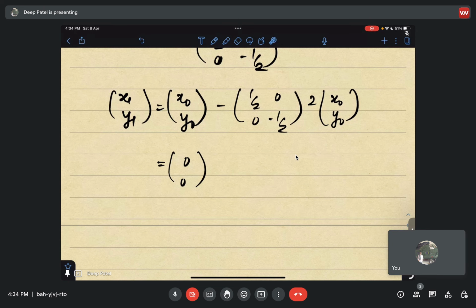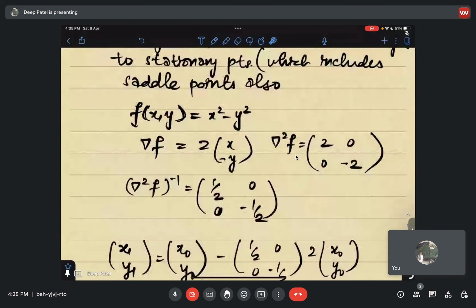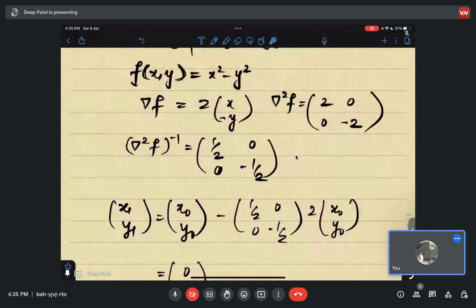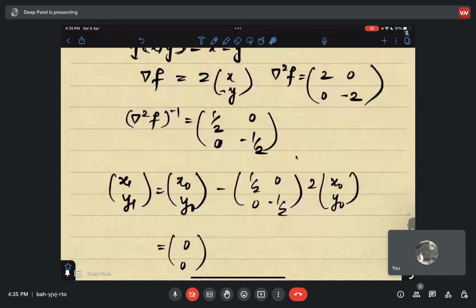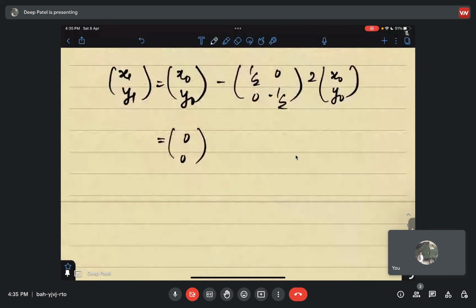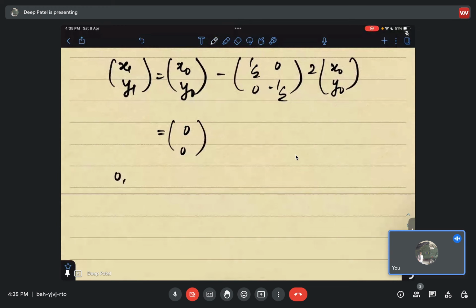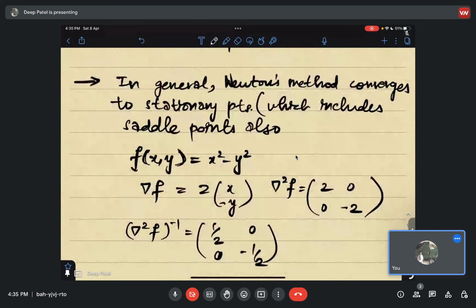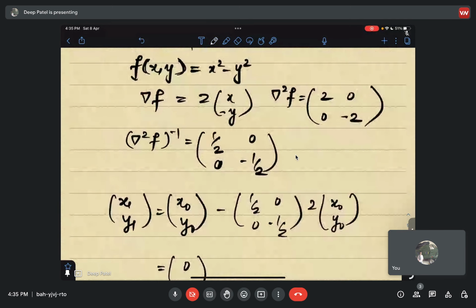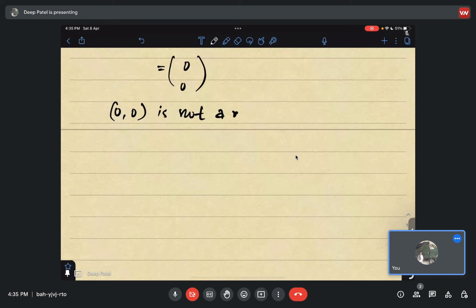So this is a counterexample right here. This is a saddle point, definitely. 0, 0 is not a minima. What is a minima here? Minus infinity. So it's not a minima, it's just a saddle point.